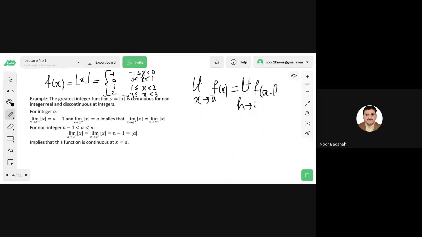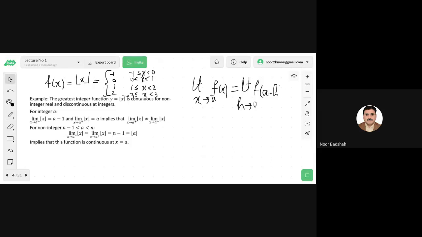That's what we do in case of left hand limit: replacing x with a minus h everywhere and applying limit h goes to 0 later on. And for right hand limit, what do we do? It's plus there, this is the same, and you replace x everywhere by a plus h.